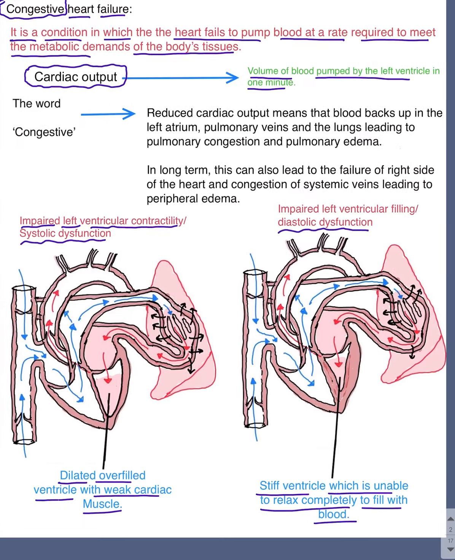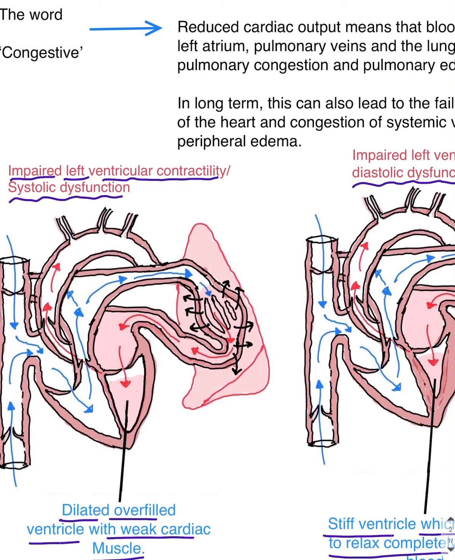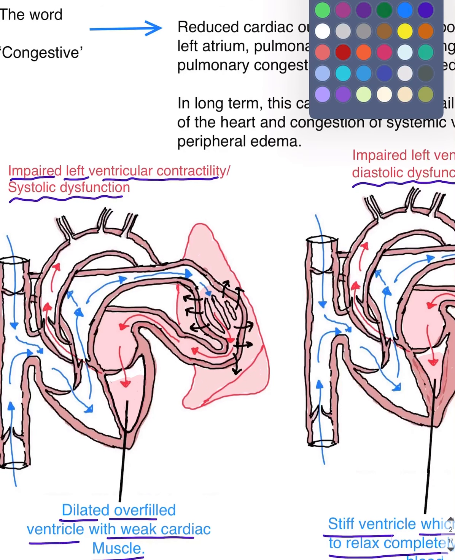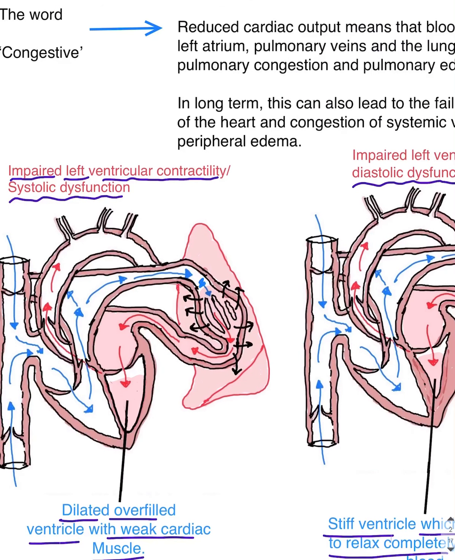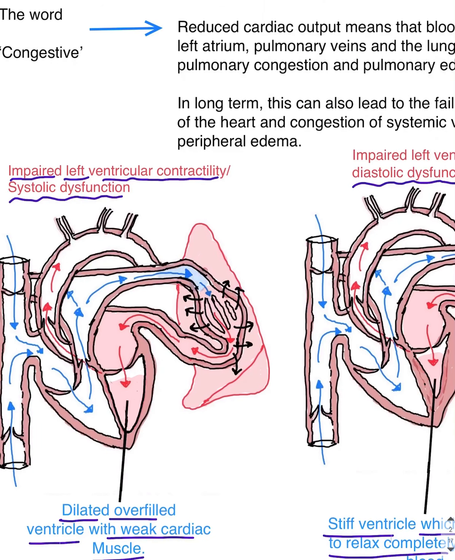So what happens is that in the long term, the blood backs up in the pulmonary vasculature, and there's increased resistance within the pulmonary vasculature.